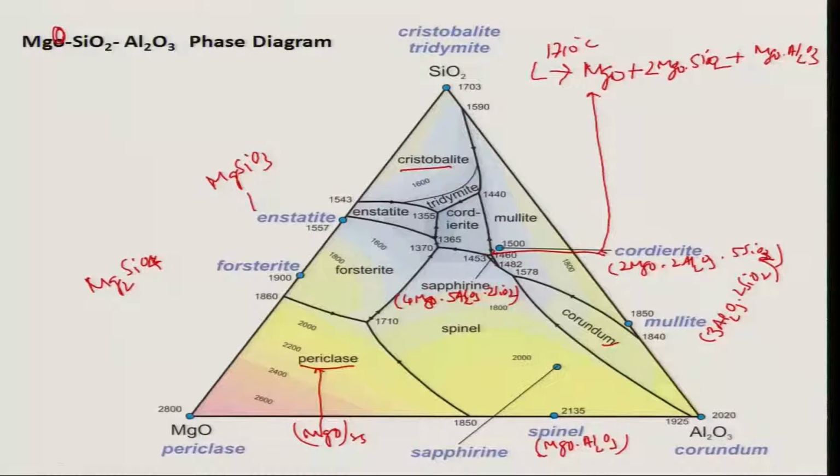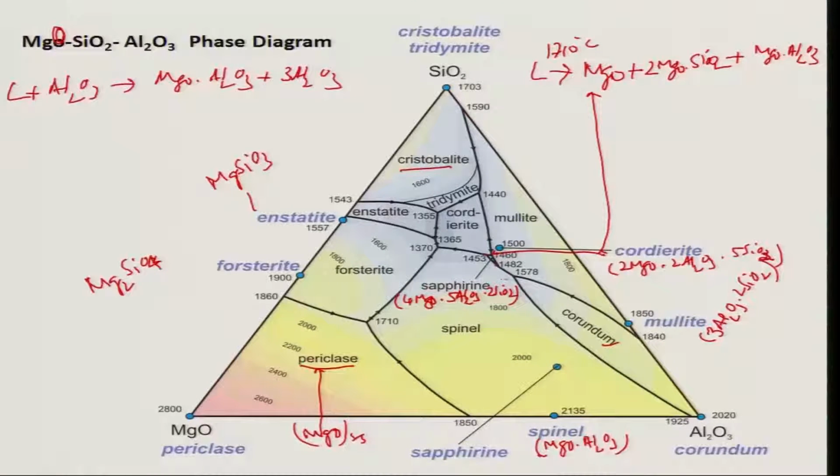And these 6 peritectic reactions are very interesting. I will write down a few of them. This is the MgO, this is a liquid plus corundum.